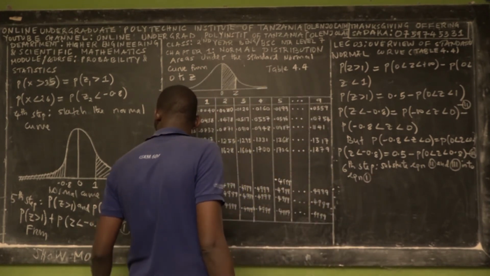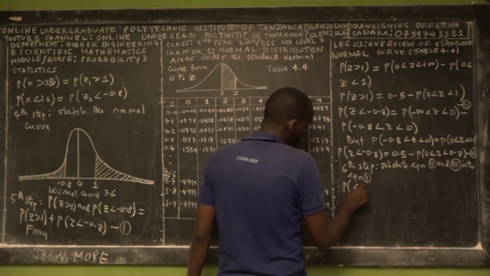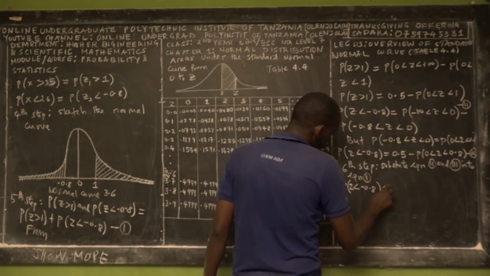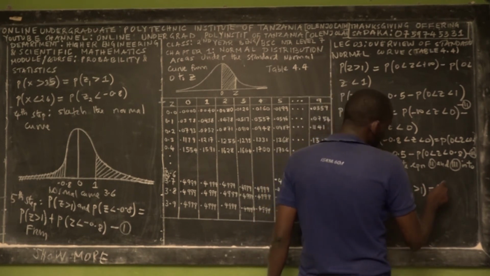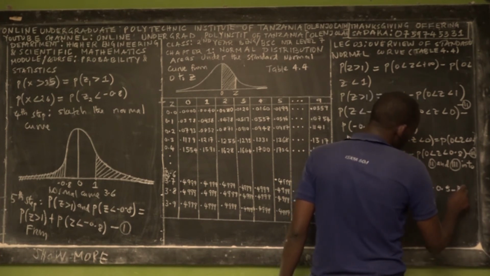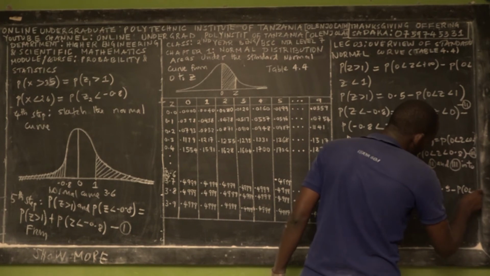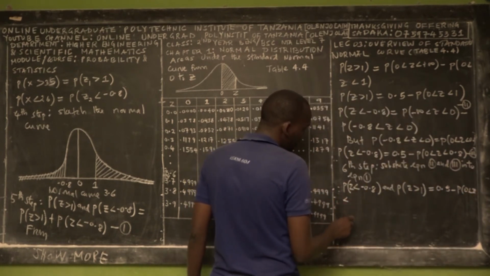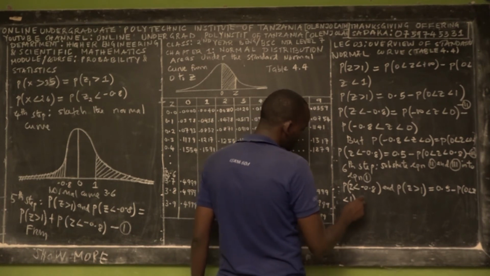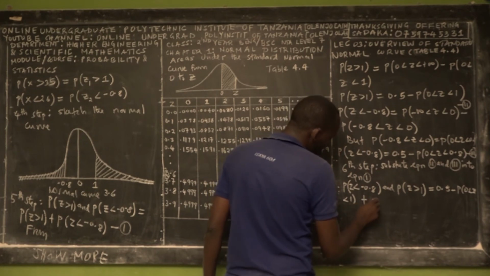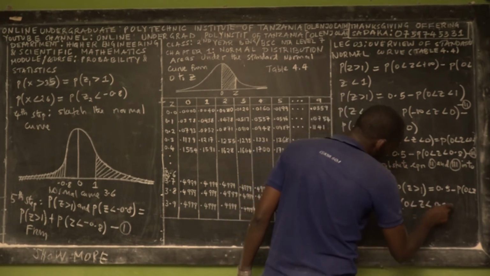So the probability of z less than negative 0.8 and the probability of z greater than 1 is equal to 0.5 minus the probability of 0 less than z less than 1, plus 0.5 minus the probability of 0 less than z less than 0.8.